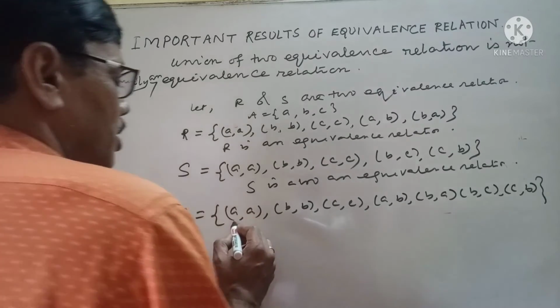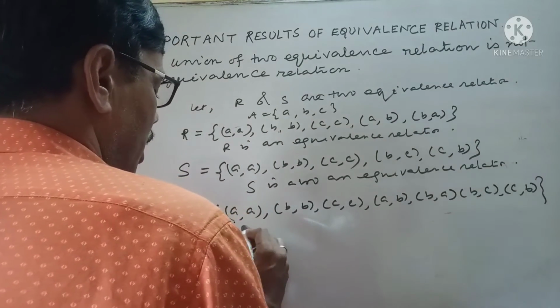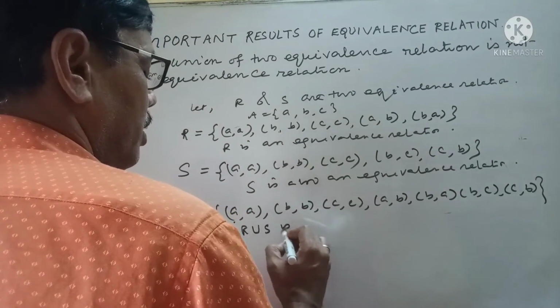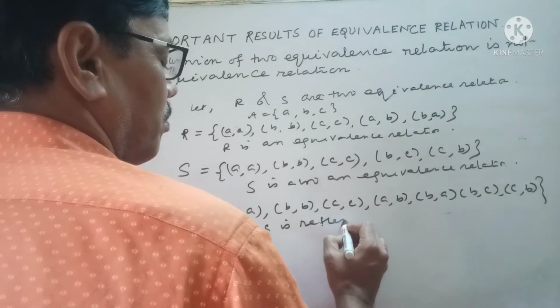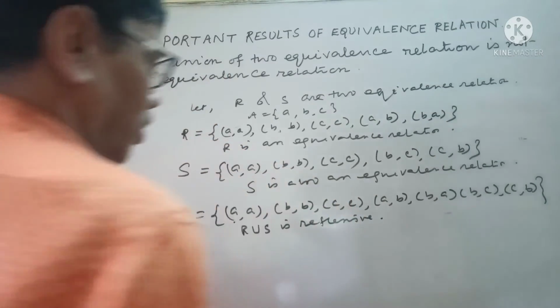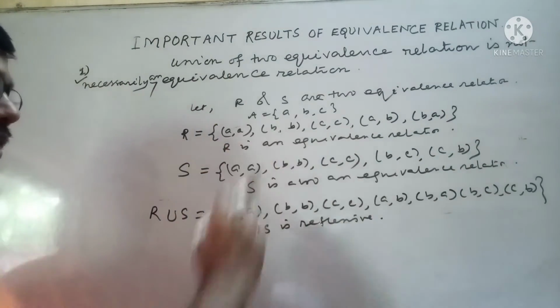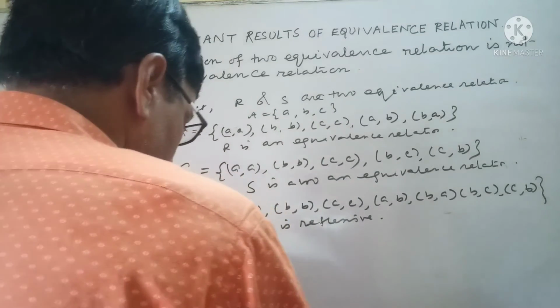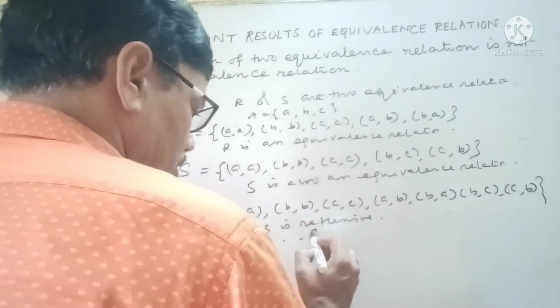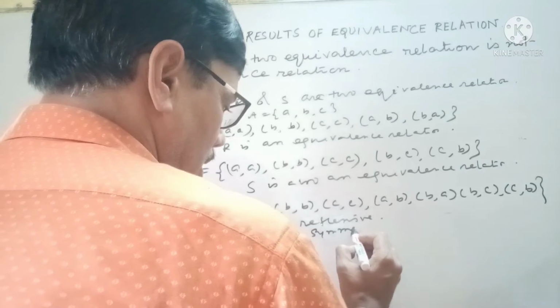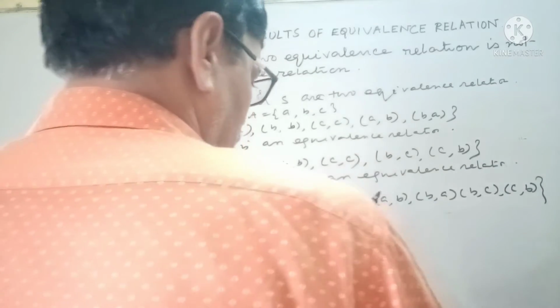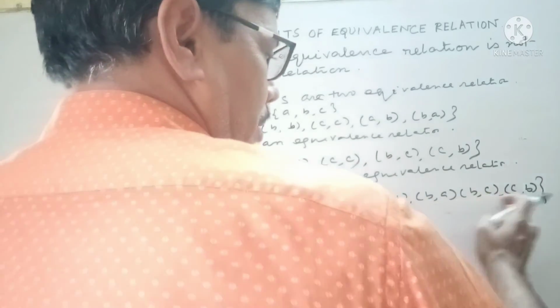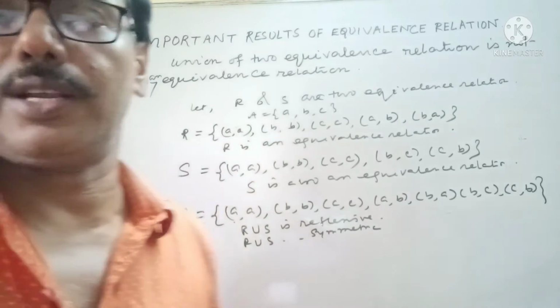Obviously R union S is reflexive, as (a,a), (b,b), (c,c) belong to it. Obviously R union S is symmetric, because the reverse of (a,b) is (b,a), and the reverse of (b,c) is (c,b).